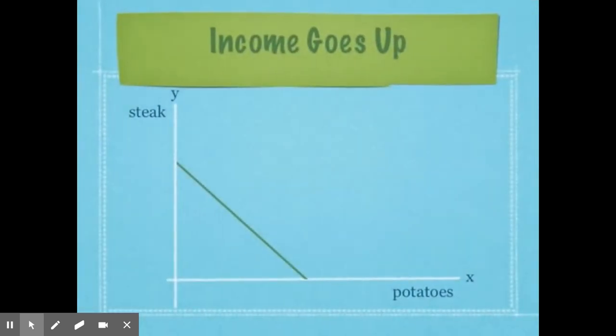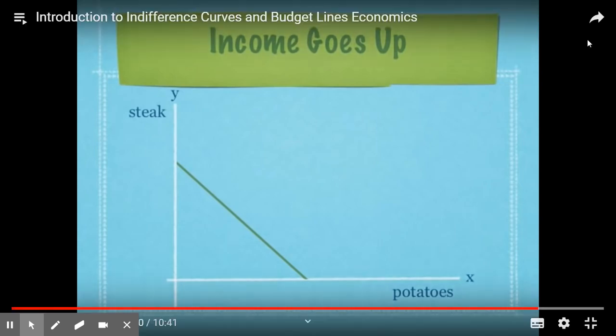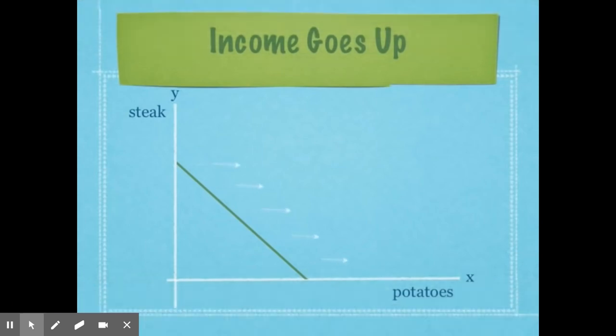Now the next question I have is what happens if income changes? In this case, if income goes up, the entire budget line shifts out. Right? Buy more of everything.